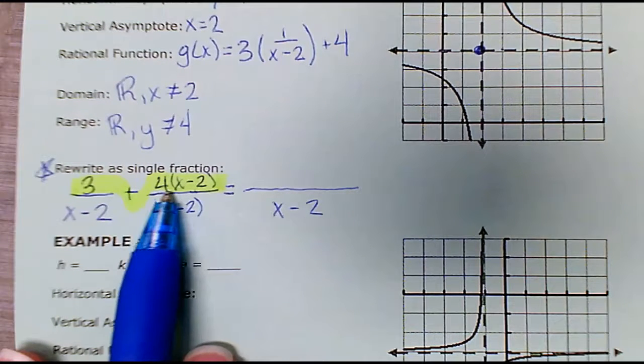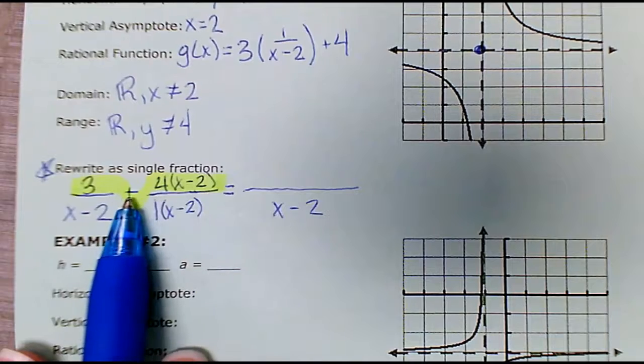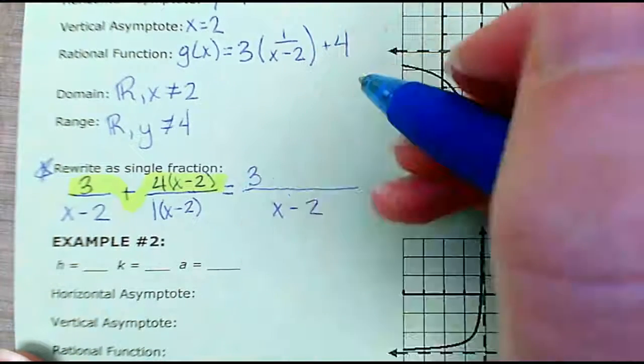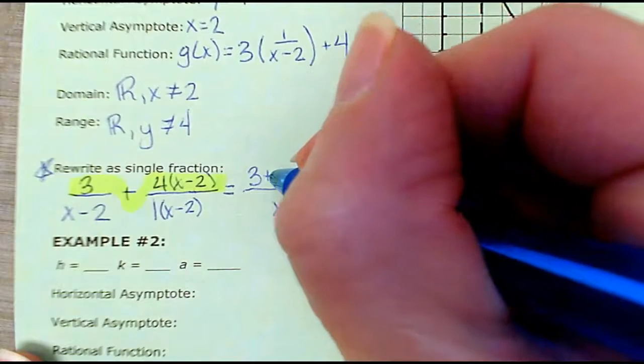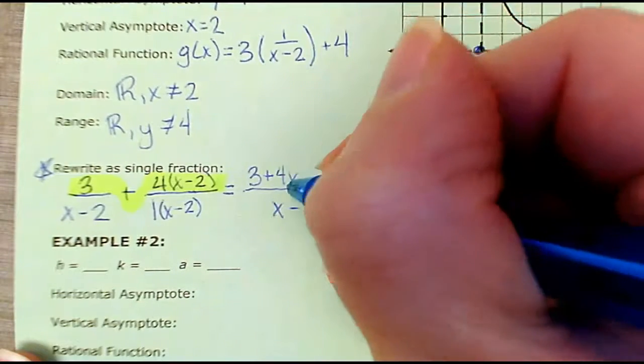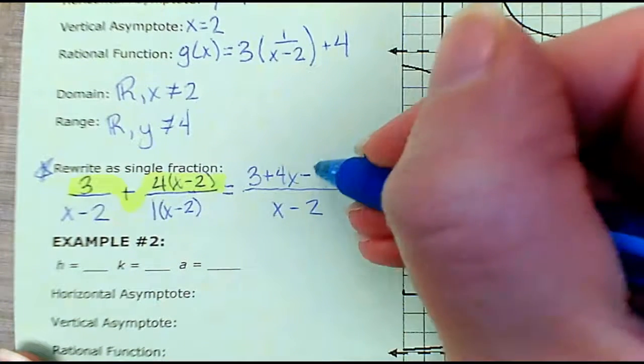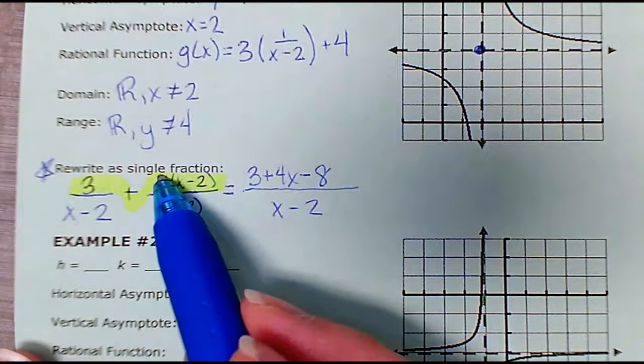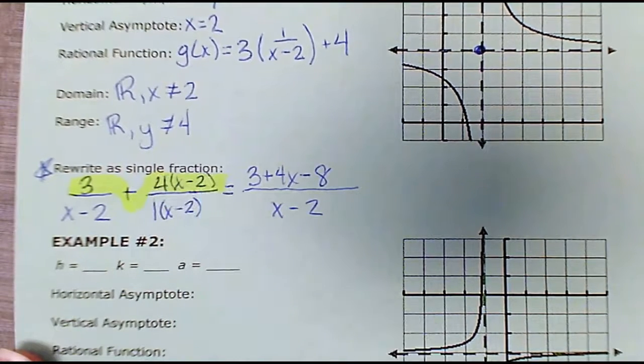Multiplication is a stronger operation than the addition is. So the addition has to wait. It wouldn't be 7. No, it would be 3 plus 4x minus what? 8, because what do you have to do with the 4? You have to distribute the 4. Thank you.